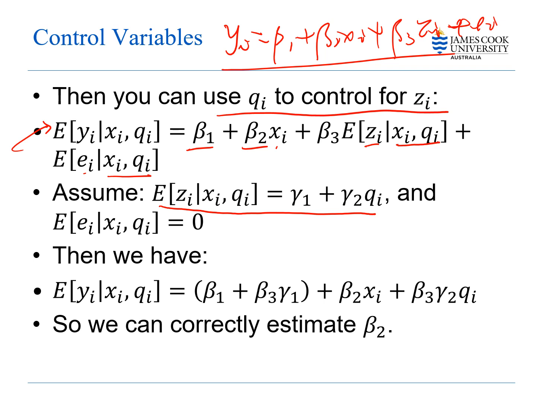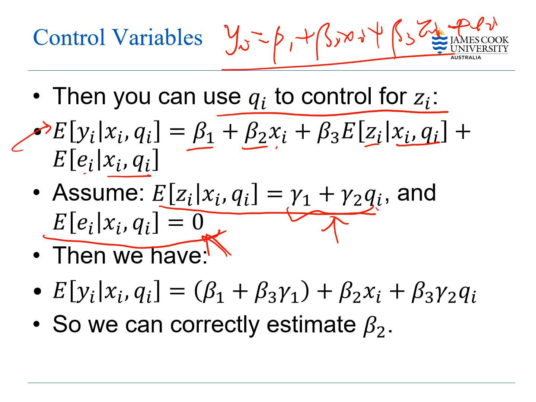The important thing is that this does not depend on Xi. If it depends on Xi, then X and Zi are no longer conditionally mean independent. So this conditional expectation of Zi given X and Q does not depend on X at all. And we require that X and Q be exogenous.